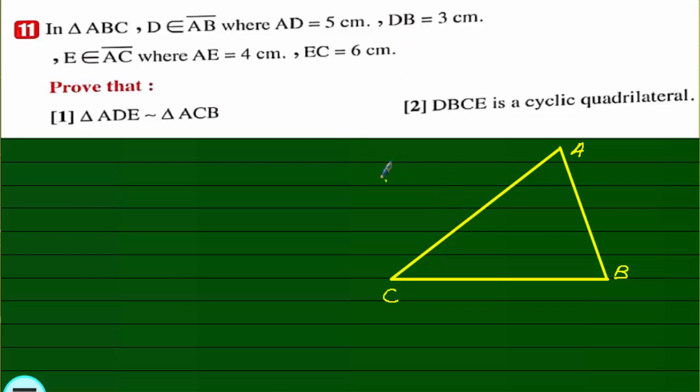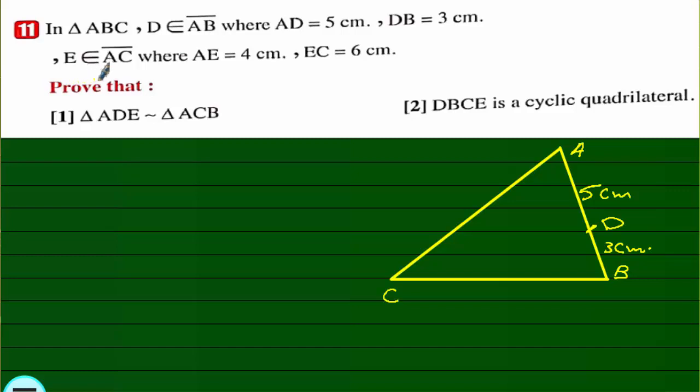So AD is greater than BD. So I'll take it here, the point D, such that AD equals 5 centimeters and BD equals 3 centimeters.